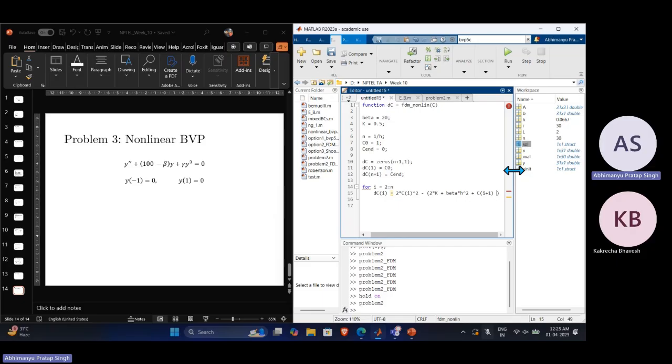We have one term with Ci plus 1 and one term with Ci minus 1.